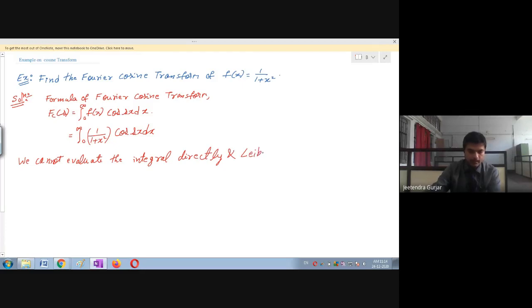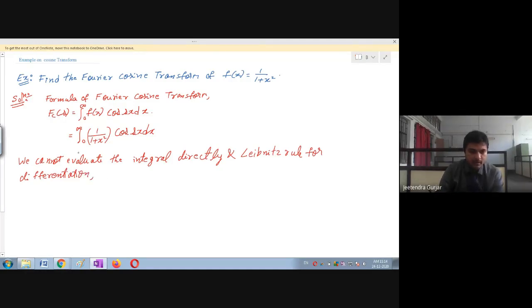So please note down, this is very very important. Leibniz rule for differentiation under the integral sign.